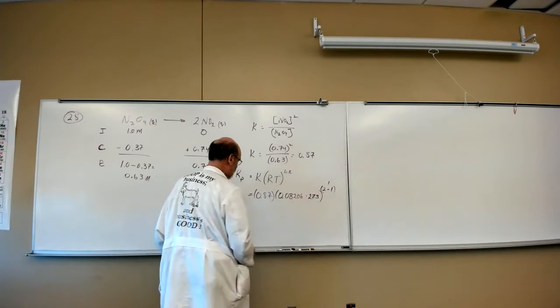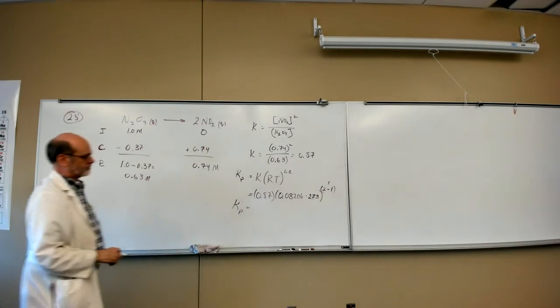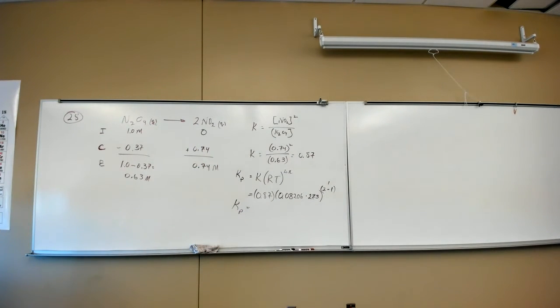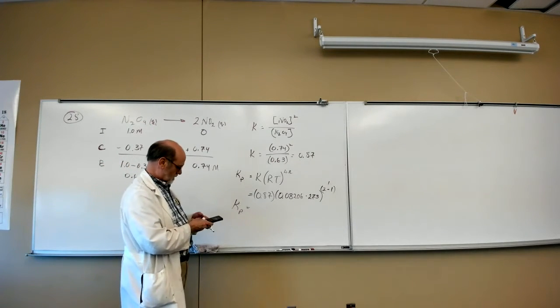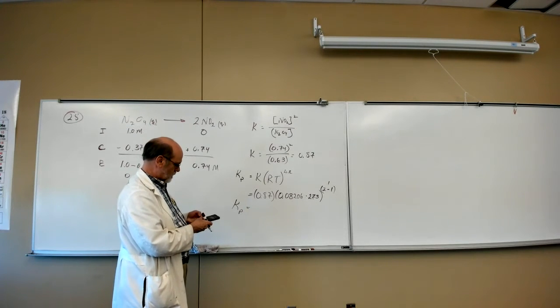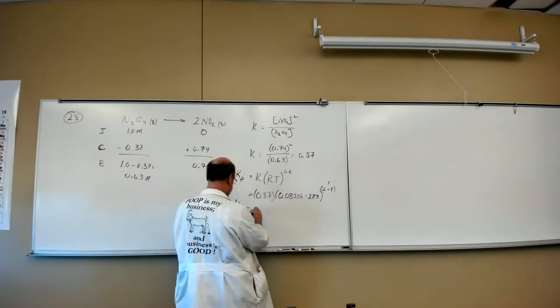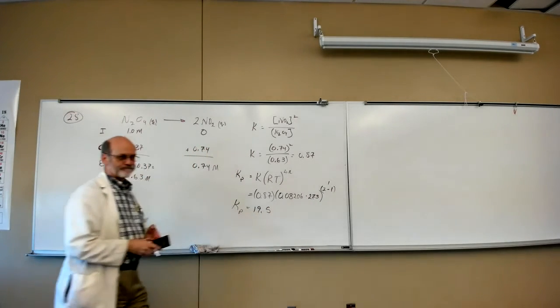So it's just that times that. 0.87, 0.08206, and 273. So now it's 19.5. So what does that number mean exactly?